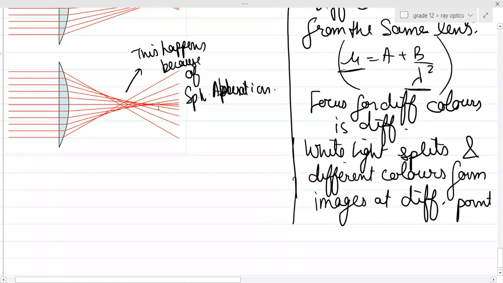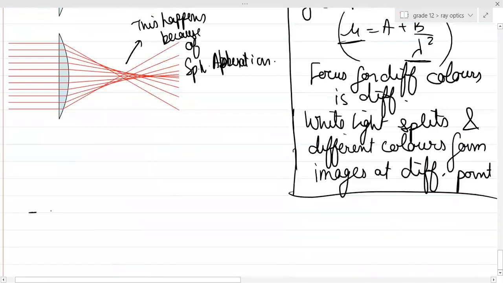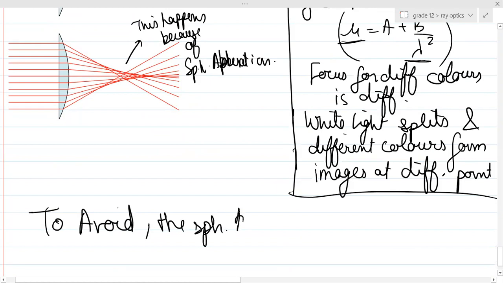Here the intensity was getting distributed because the sharp image was not formed; images were forming at different points. Here the colors will also be different. So these types of aberrations are called chromatic aberrations, right? All this is in your syllabus, spherical and chromatic aberrations. Is this clear? So now, to avoid this whole aberration thingy, spherical aberrations, we use a reflecting telescope.